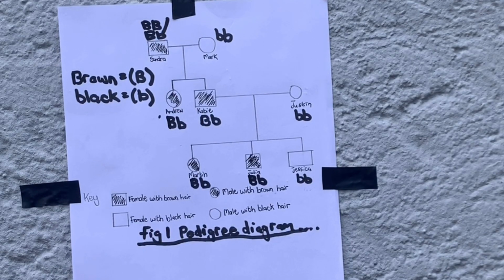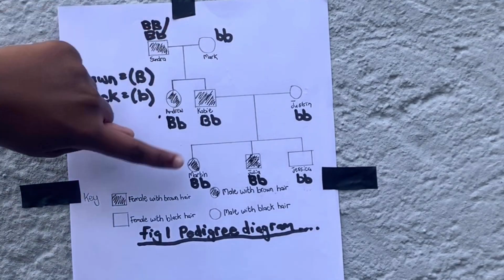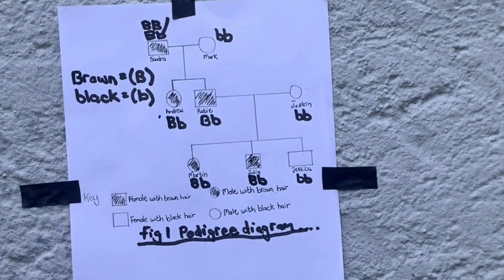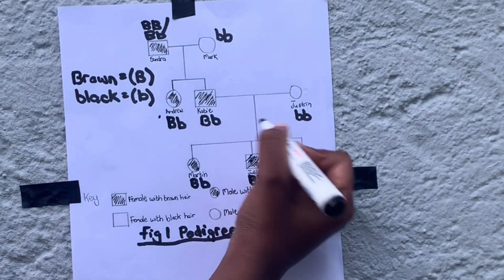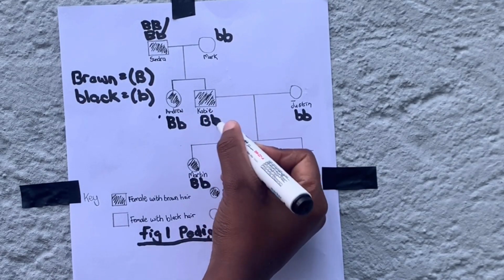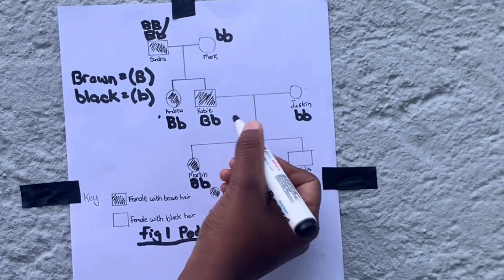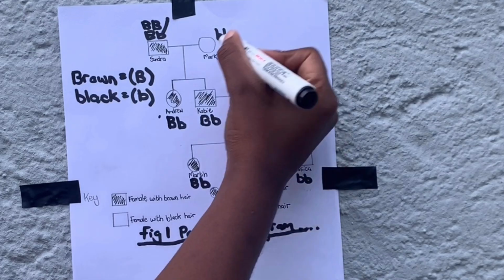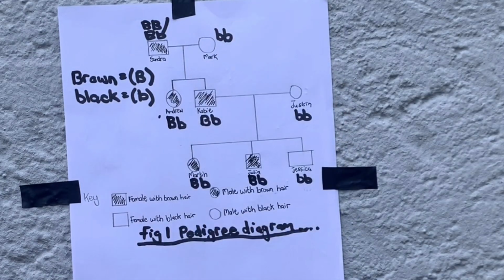I made that question up in my head, so I forgot. If we had to answer question 1, what are Mark and Katie's genotypes, we say that Katie's genotype is capital B, small b. She is heterozygous, and Mark is homozygous, lowercase b, lowercase b.